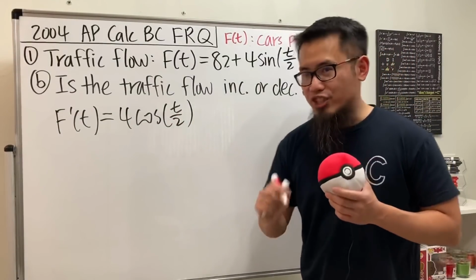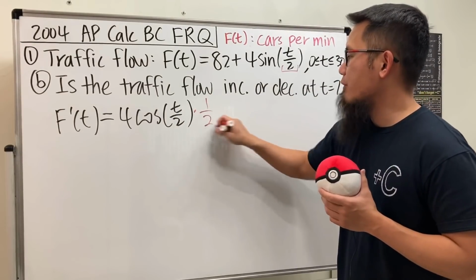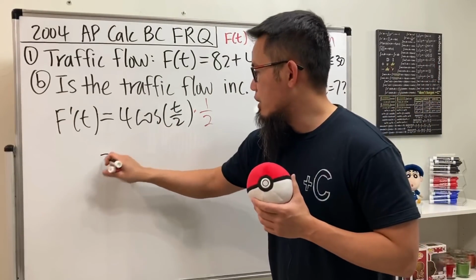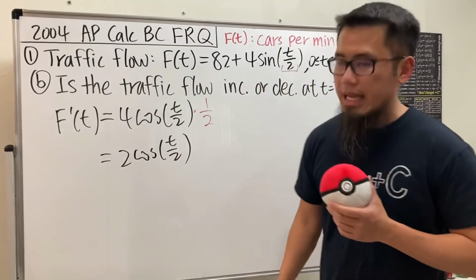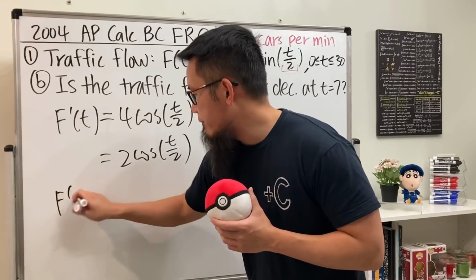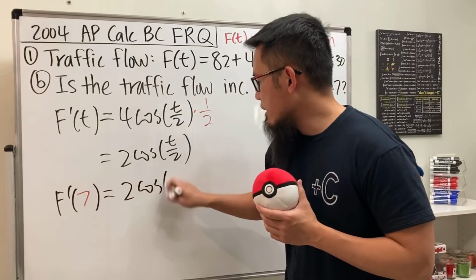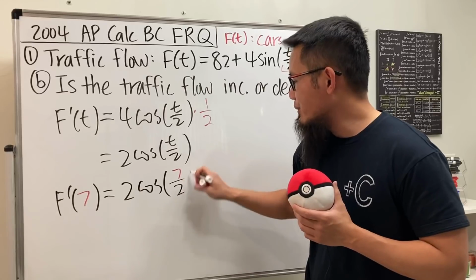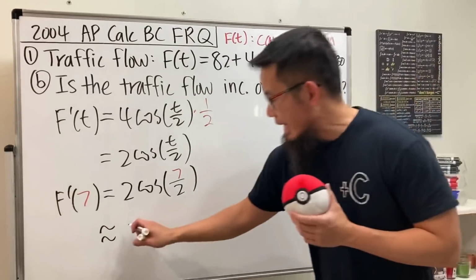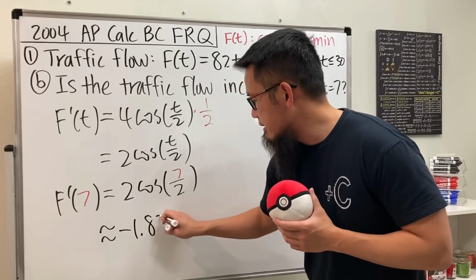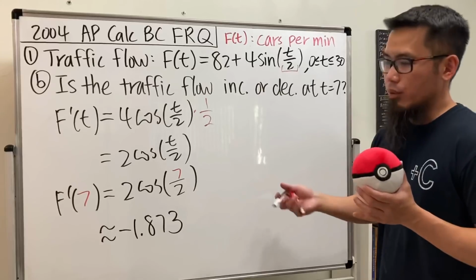But don't forget the chain rule, multiply by the derivative of the inside, and that's going to be 1/2 right here. So this is just 2 cosine of t over 2. Now just plug in the 7, f prime of 7 is just going to be 2 cosine of 7 over 2, and again use your calculator, you get approximately negative 1.873. So that's what we have, and now we have to answer the question.